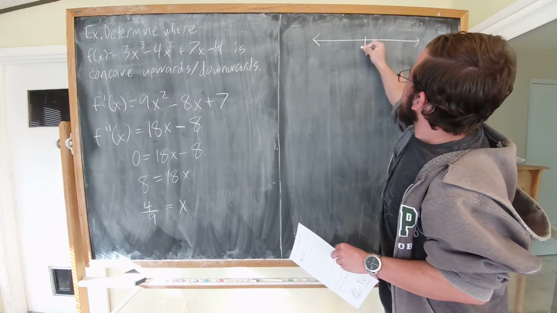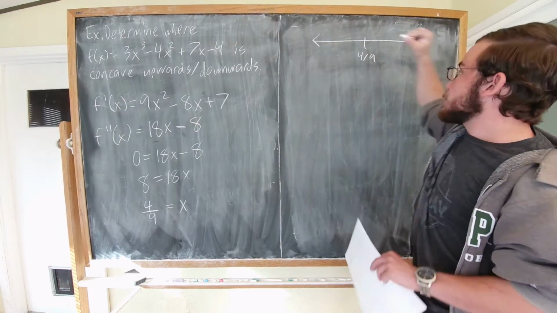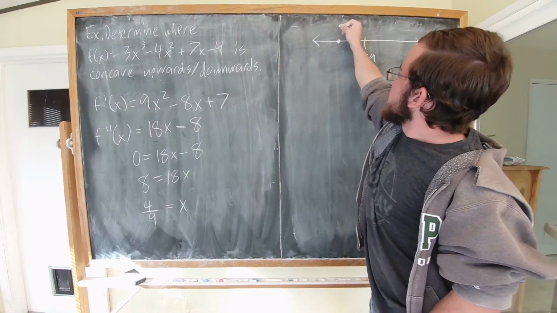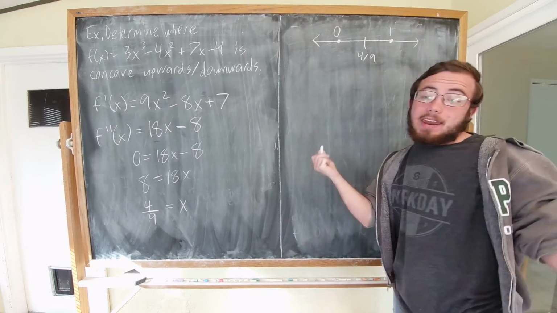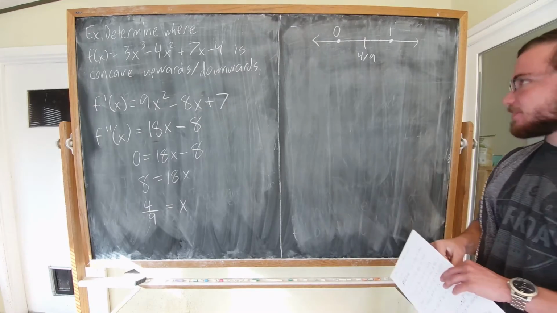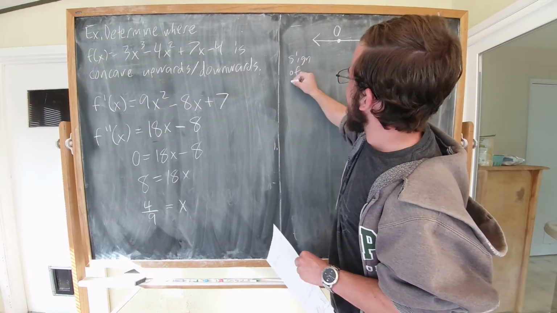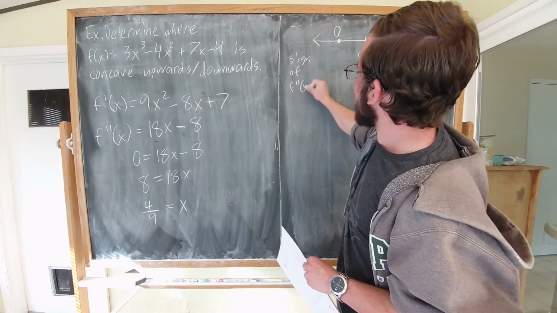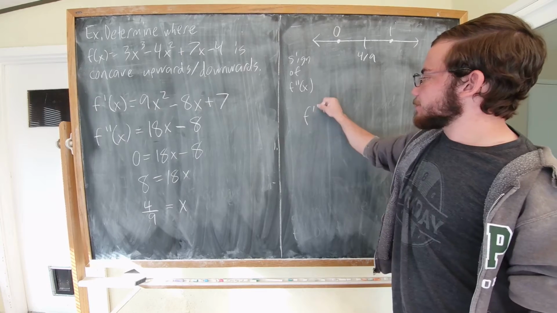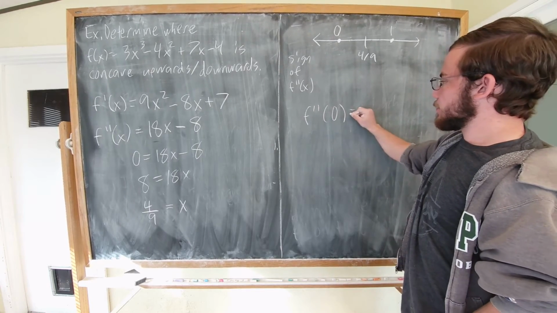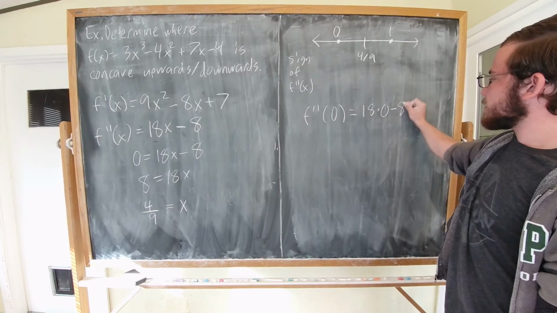Alright, so we got 4/9 right here. Maybe for our test points, I'll choose 0 and 1. Again, no need to pick complicated test points. And we're looking at the sign of f double prime of x on those intervals. Well, f double prime of 0 is 18 times 0 minus 8.